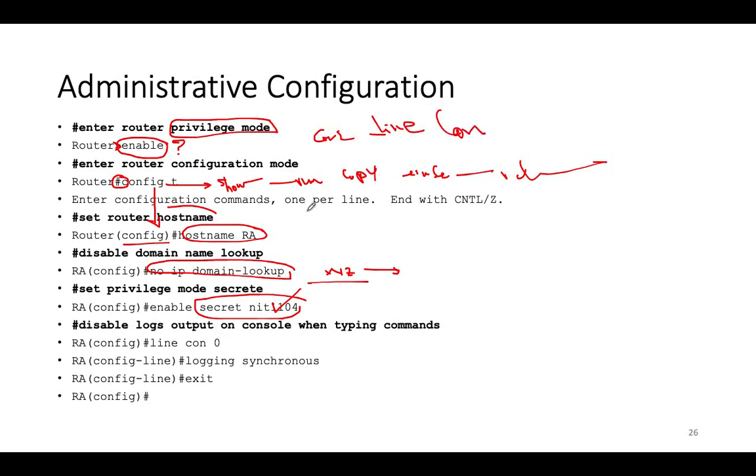If you want to put a password on the console as well, yes, to secure the system. Line con 0, as you can see over here, I can put a password here. So if I try to use the console, you have to enter the password before you get in.